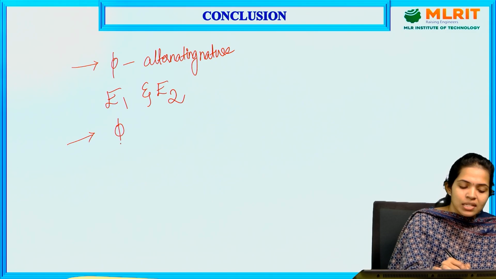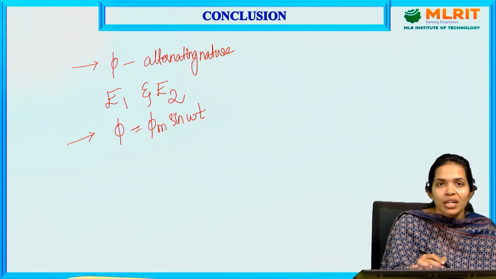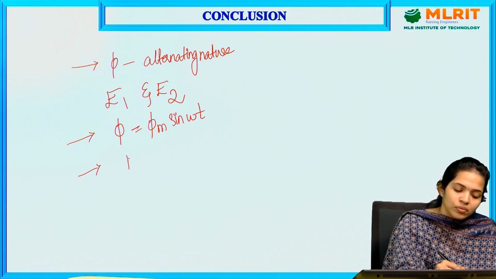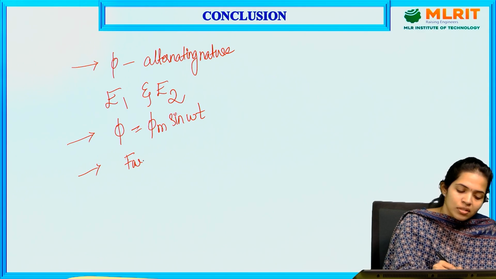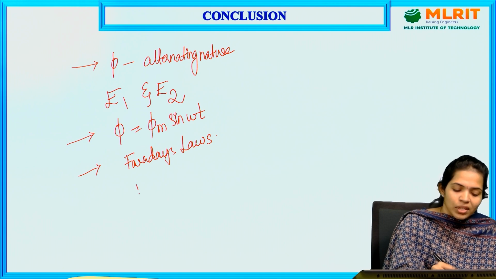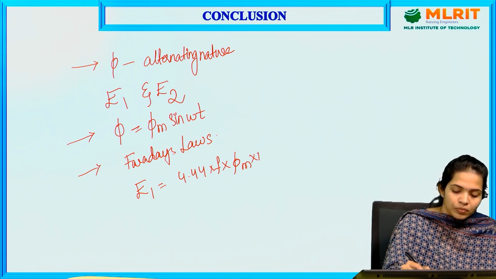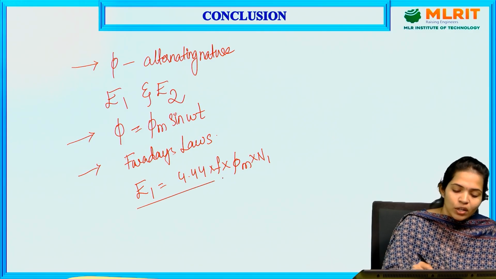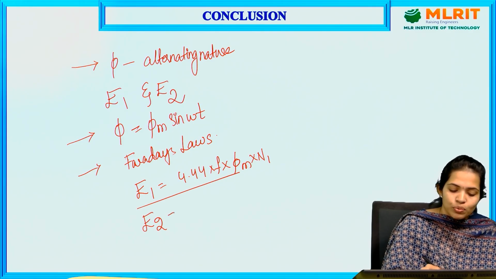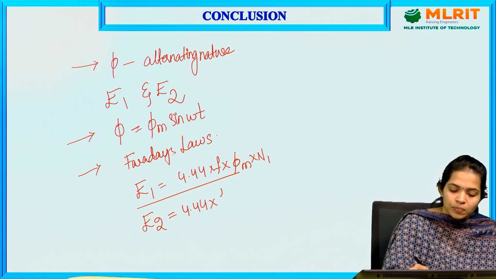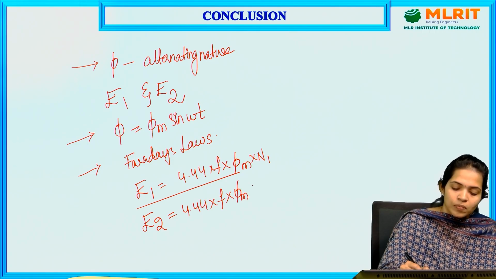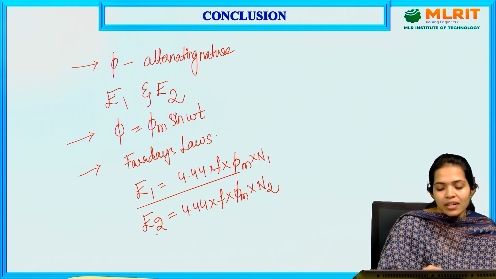Considering the instantaneous value of the flux, phi equals phi m sin omega t, and also Faraday's laws, we have derived the equations for E1 into N1 for the primary winding of the transformer and EMF equation E2 for the secondary winding of the transformer.